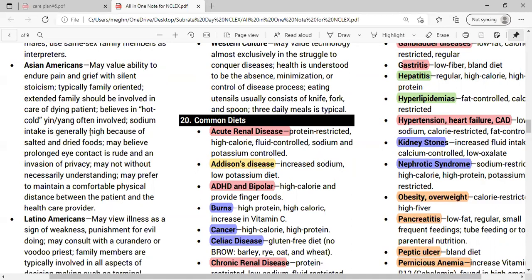Sodium intake is generally high because of salted and dried foods. They may believe prolonged eye contact is rude and an invasion of privacy. They may prefer to maintain a comfortable physical distance between patients and healthcare provider.